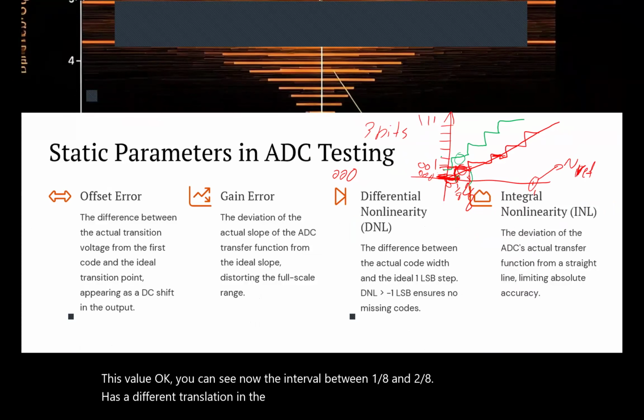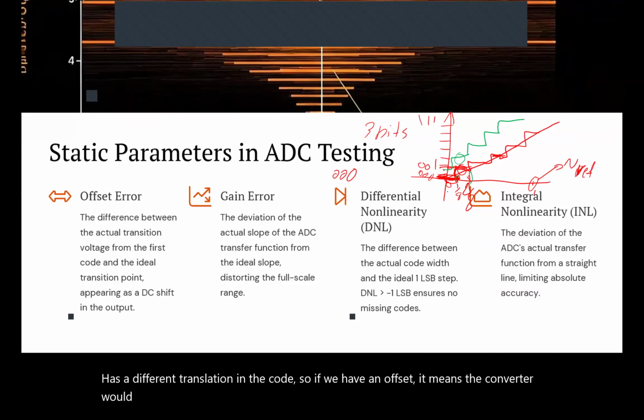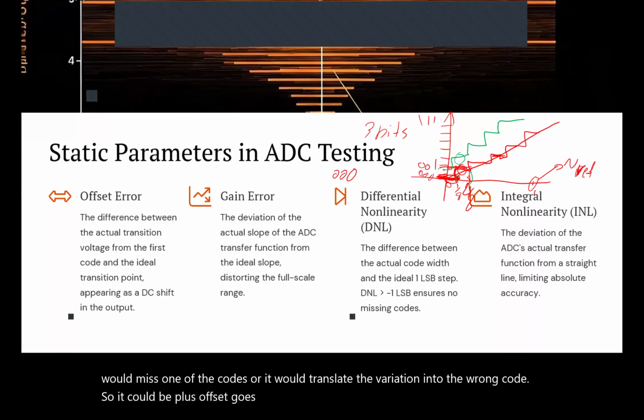So if we have an offset, it means the converter would miss one of the codes, or it would translate the variation into the wrong code. It could be a plus offset, which goes up, or a minus offset, which goes down.